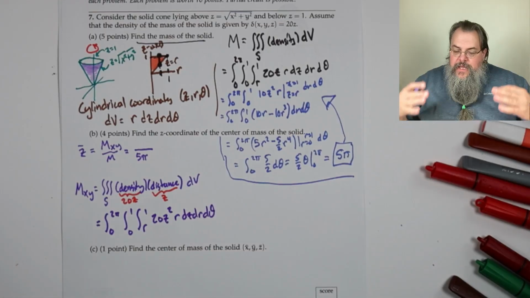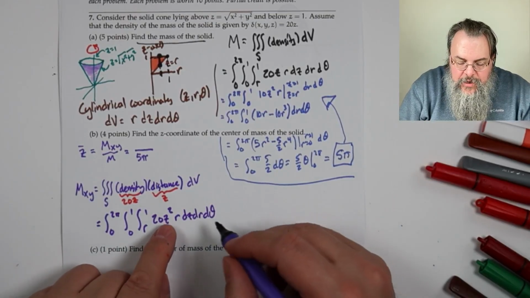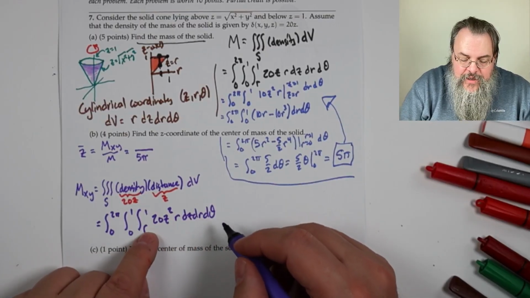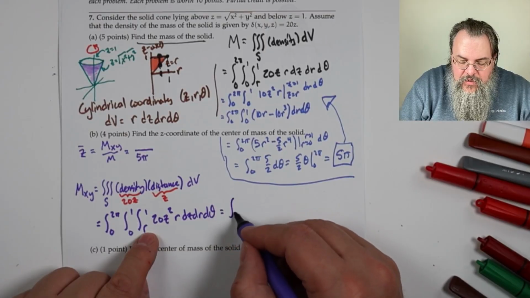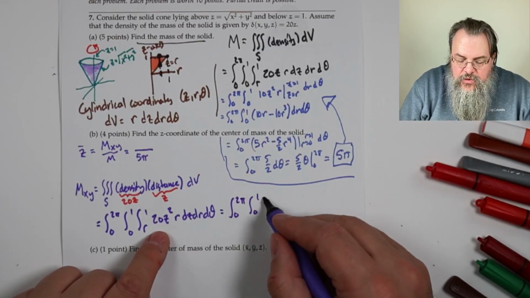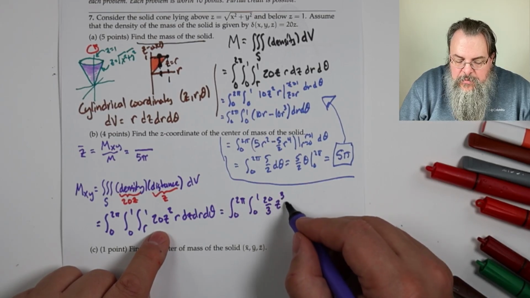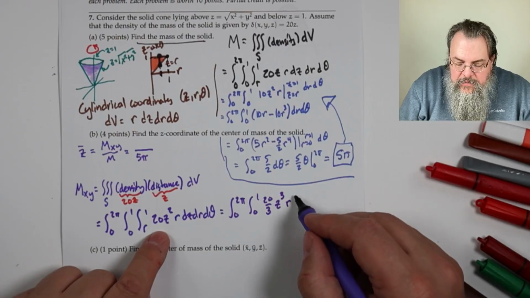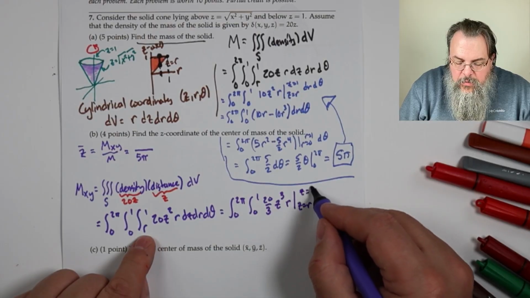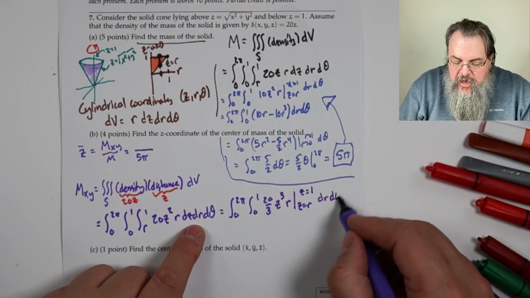Well, okay, again, one layer at a time. We start with integrating with respect to z. Add 1, divide by that power. So this will become 0 to 2 pi, 0 to 1, and now 20 over 3 z cubed times r, evaluate that from z equals r to z equals 1. And then we have our dr d theta.